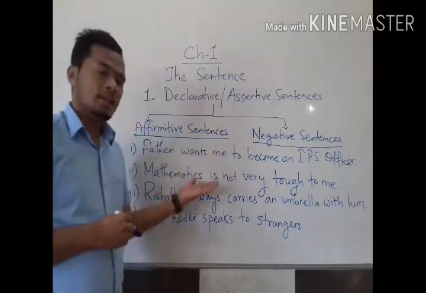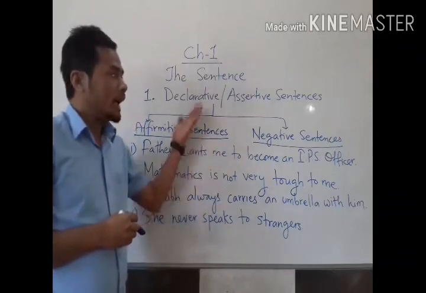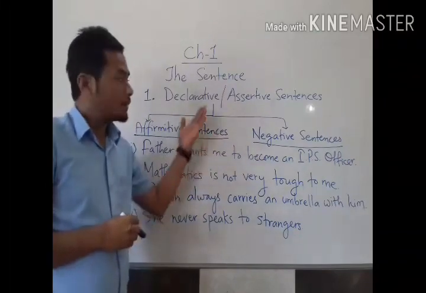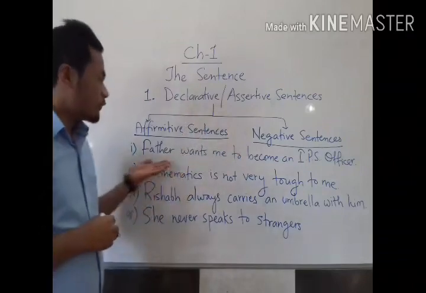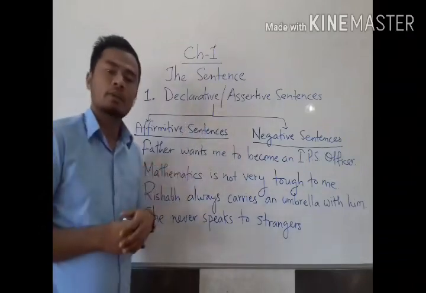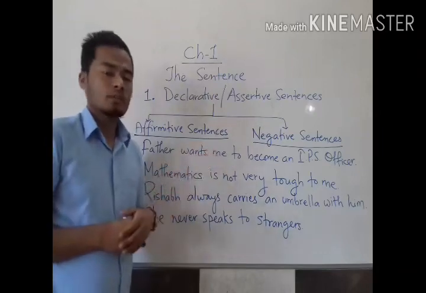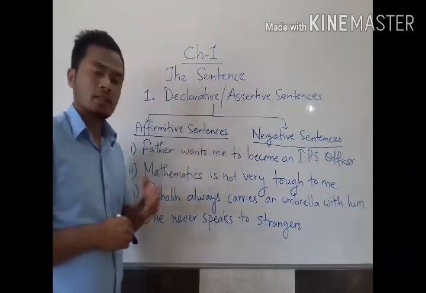So in these examples also, we have some affirmative assertive sentences and some negative assertive sentences. Like here, Father wants me to become an IPS officer. This is positive information, so this is an assertive sentence. But what kind of assertive sentence?